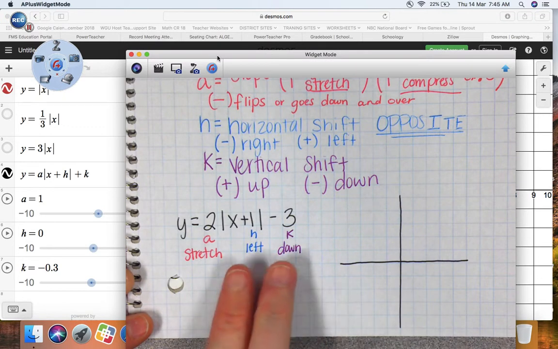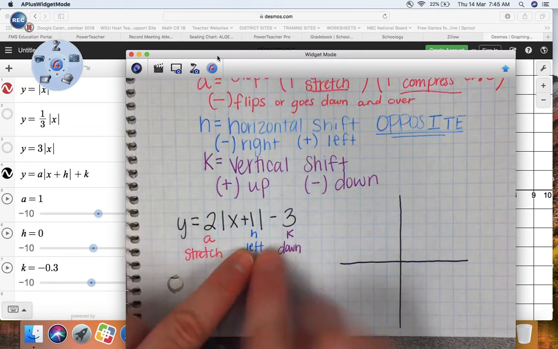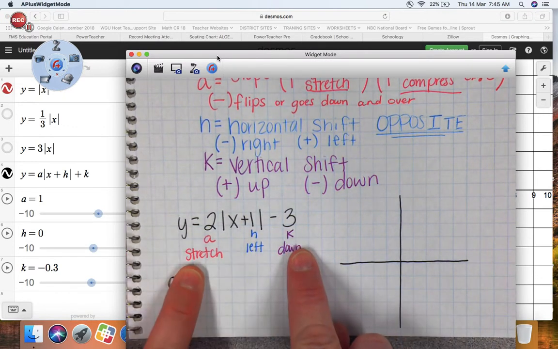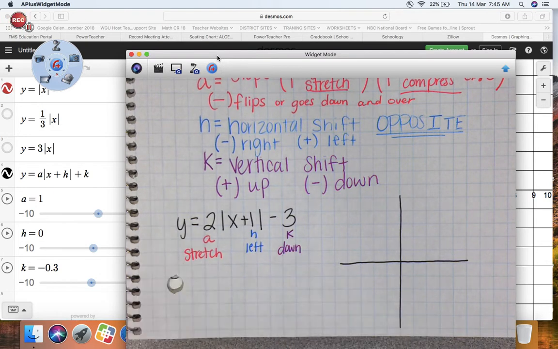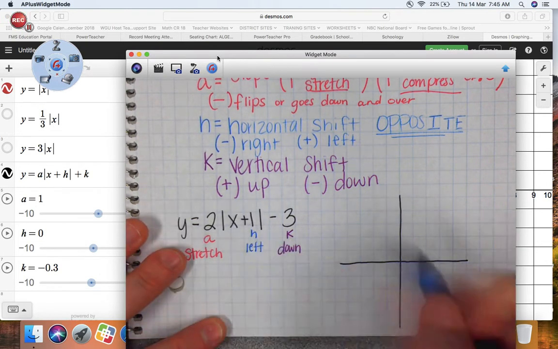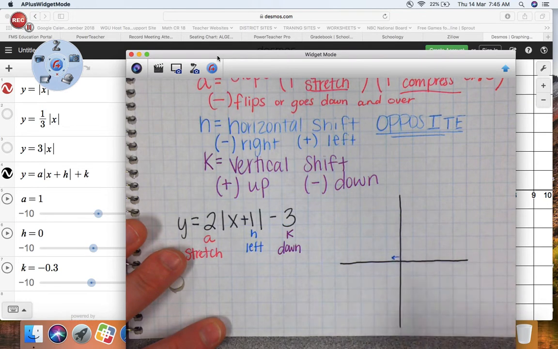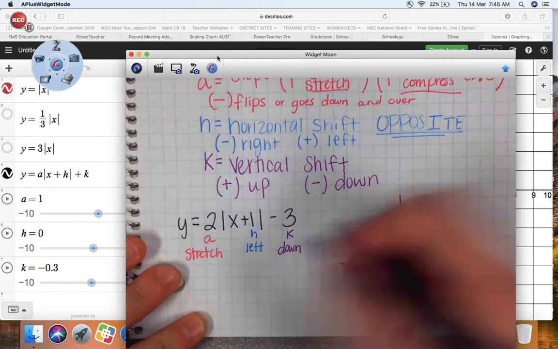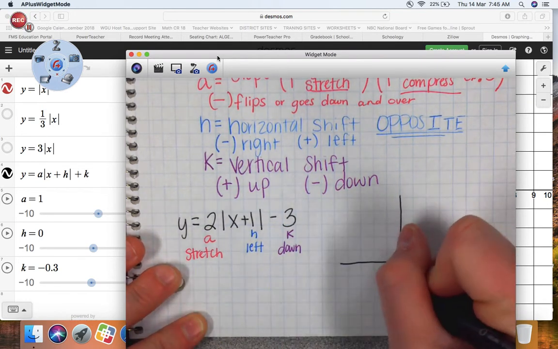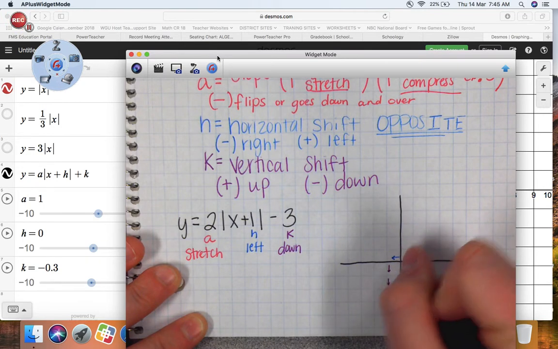You always have to do this part first. You have to move your vertex and find your vertex before you can do the slope. So I'm going to move left 1. I'm going to move down 3. So 1, 2, 3. So that is my vertex.